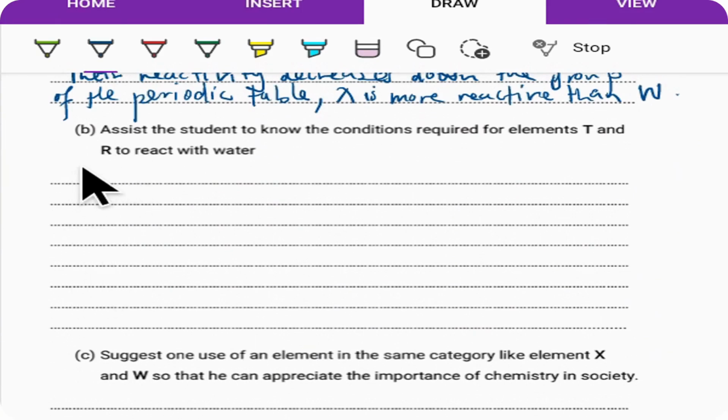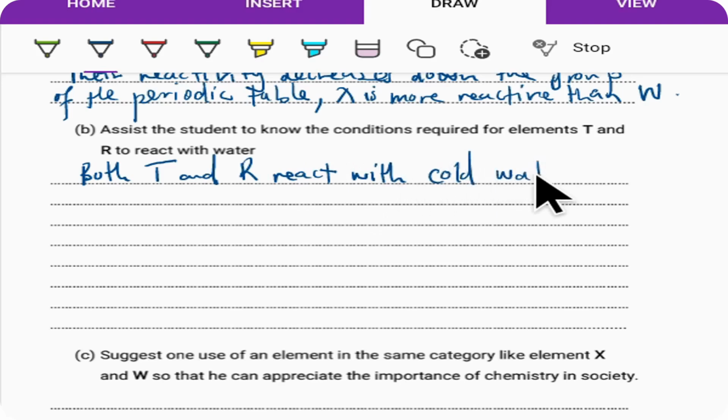You can say that both T and R react with cold water and steam.